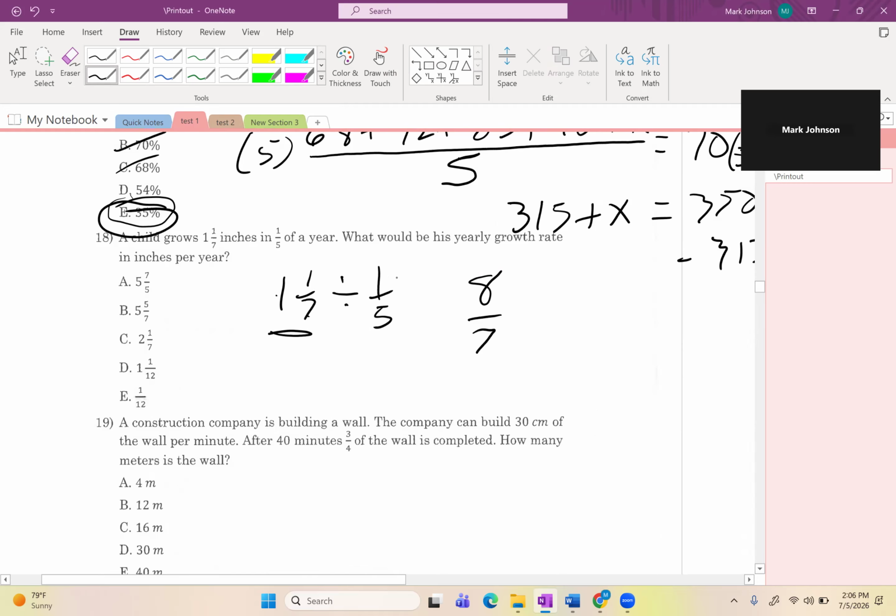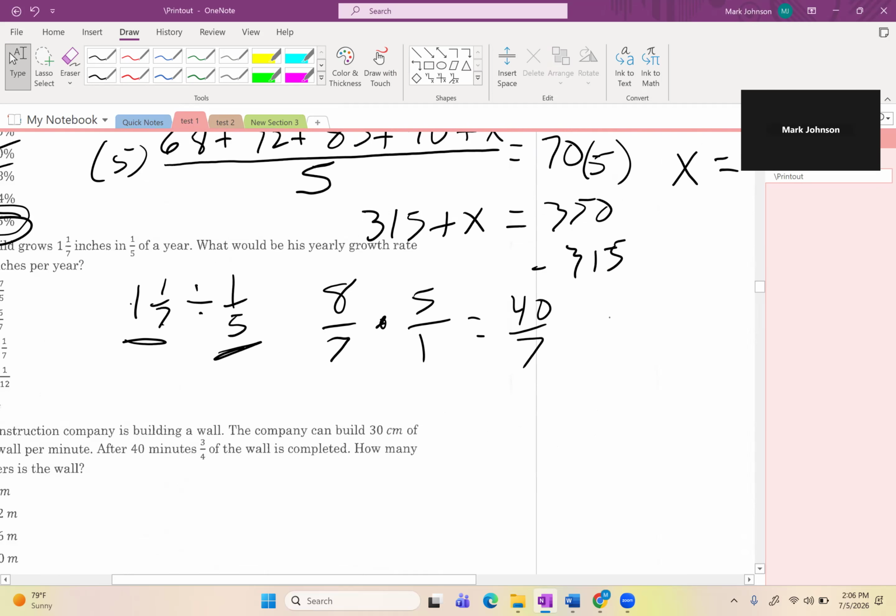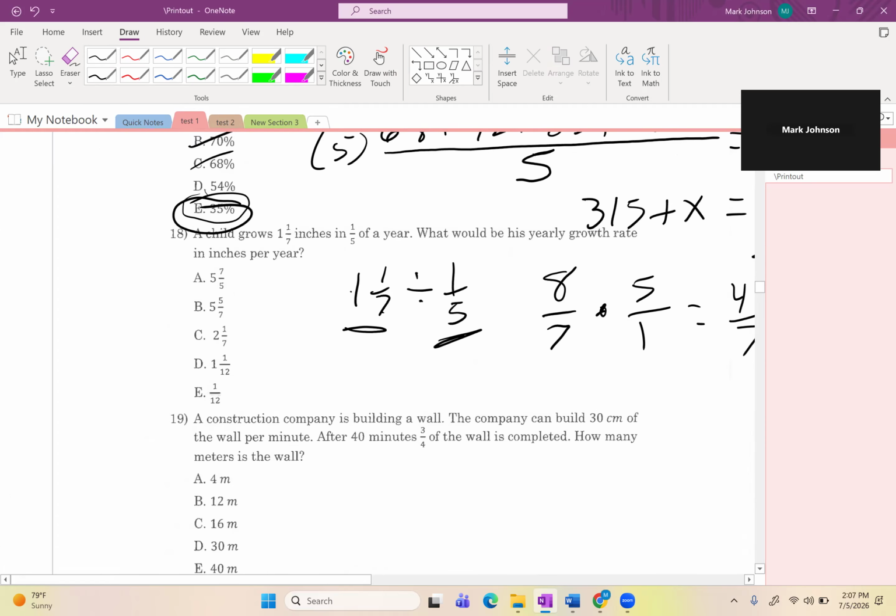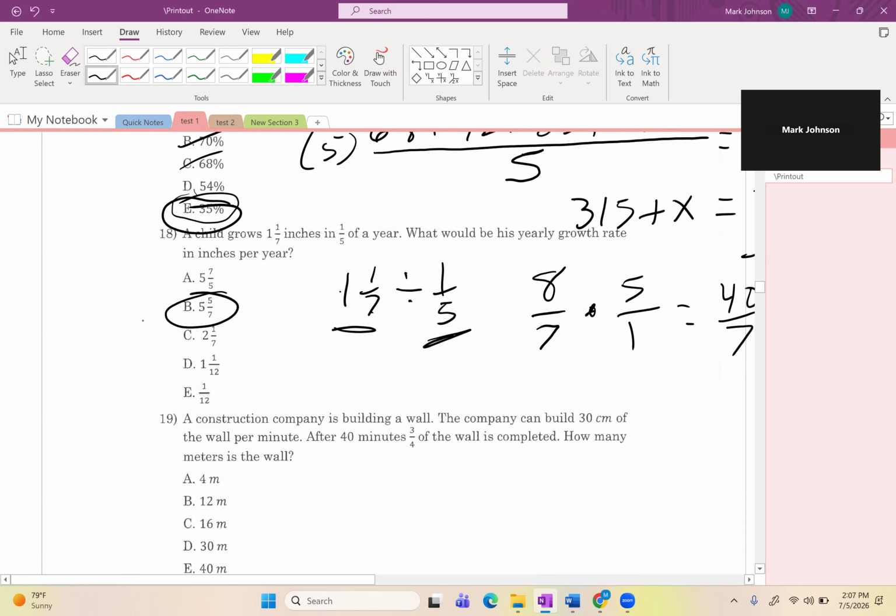And then we're going to flip and multiply. So flip the right, 5 over 1, and we get 40 over 7. And let's change that to a mixed number. So 40 divided by 7 is equal to 5, 35, 5 and 5/7. So 5 and 5/7, and B is the answer.